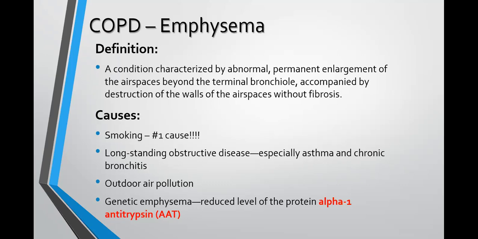And once they start working together, damaging the lung, that damage is called emphysema. You don't just smoke and then all of a sudden you got emphysema. You're going to have a couple of the other COPD diseases first that will then produce damage to the lung, which is floppy lung, and that's also called emphysema.